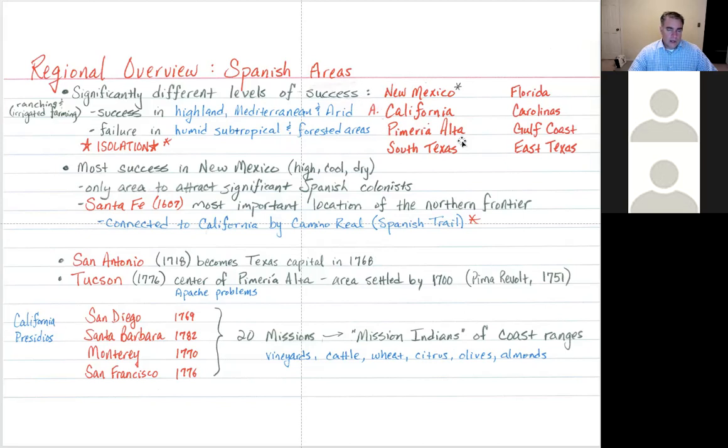Well, anyway, I can talk forever about those examples, but Florida is on the top of the list of areas where the Spanish really didn't have long-term success. They occupied Florida for quite a long time, from the early 1500s with the first exploration parties into Florida until the end of the 7 Years' War, what we call the French and Indian War, which concluded with the Treaty of Paris of 1763.